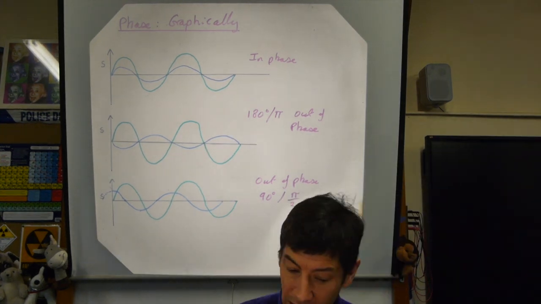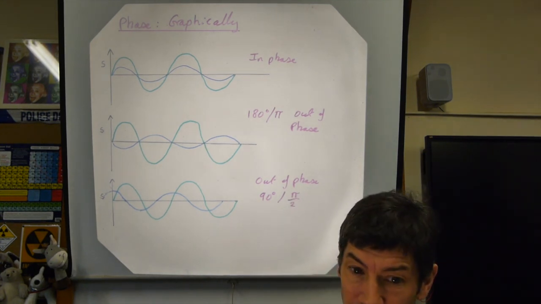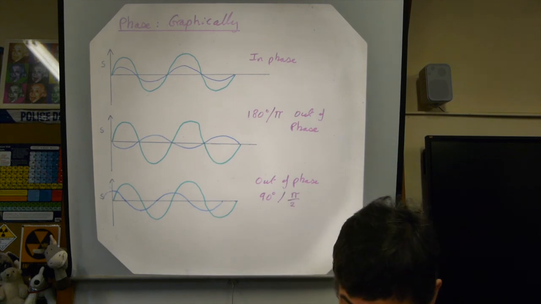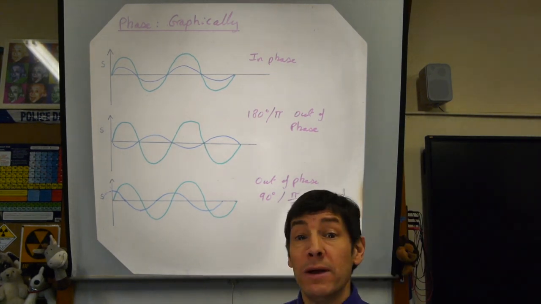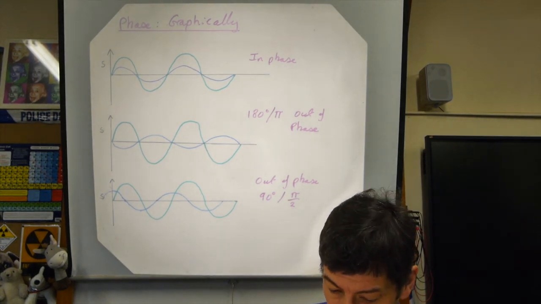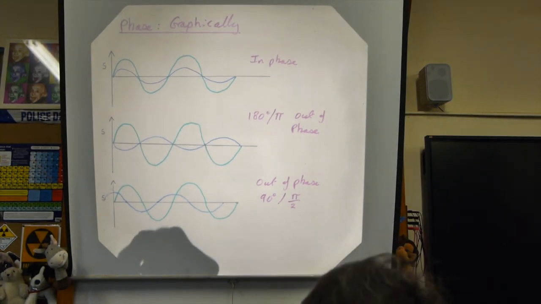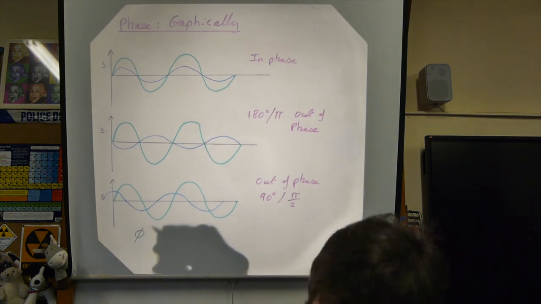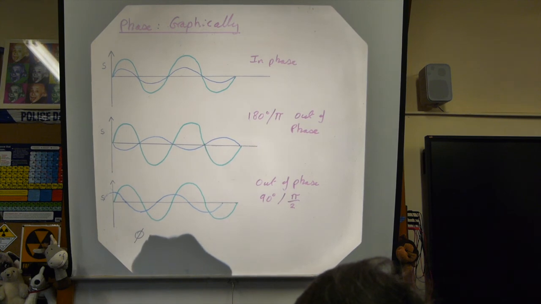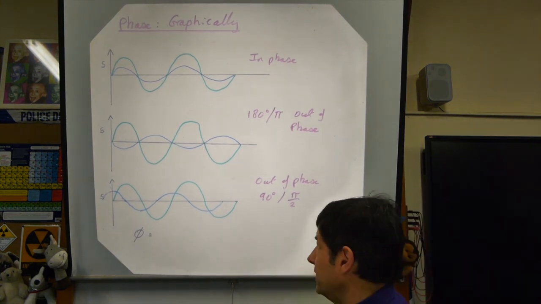So finally, this is a little bit more advanced, but how could we actually calculate the phase or the phase angle between these waves? Okay, well, I guess because it sounds like phase, we use phi. Yep, phi. And the phase angle, it's quite interesting, this.